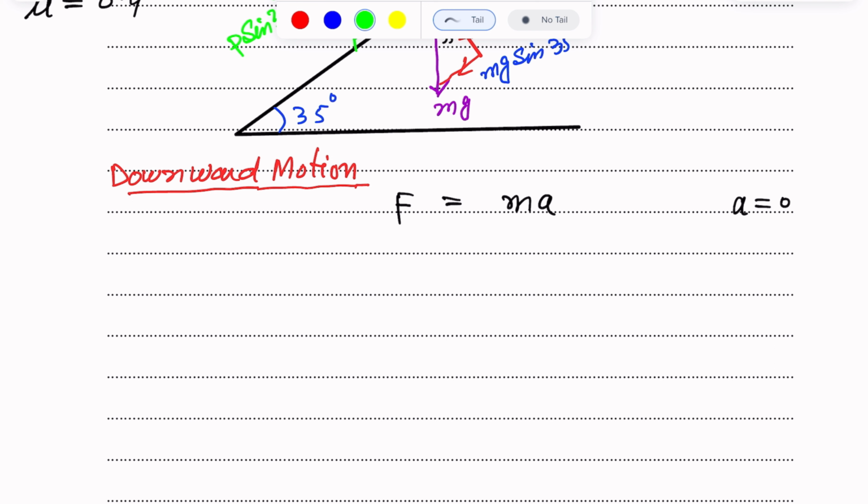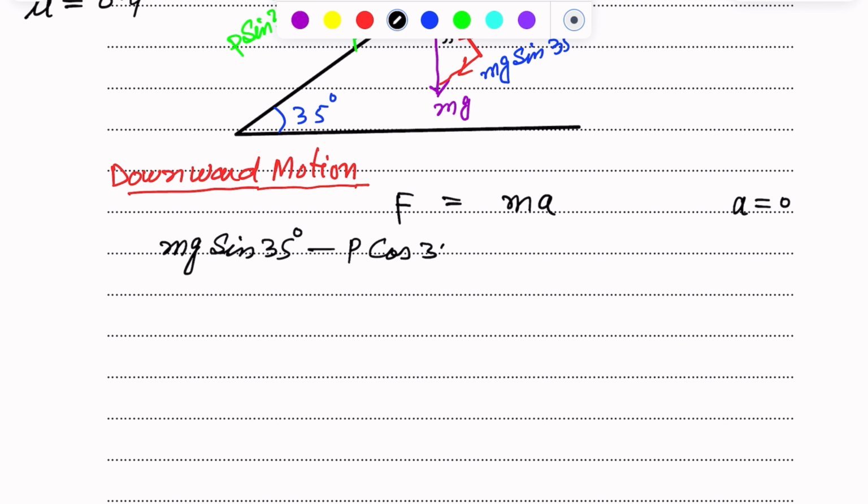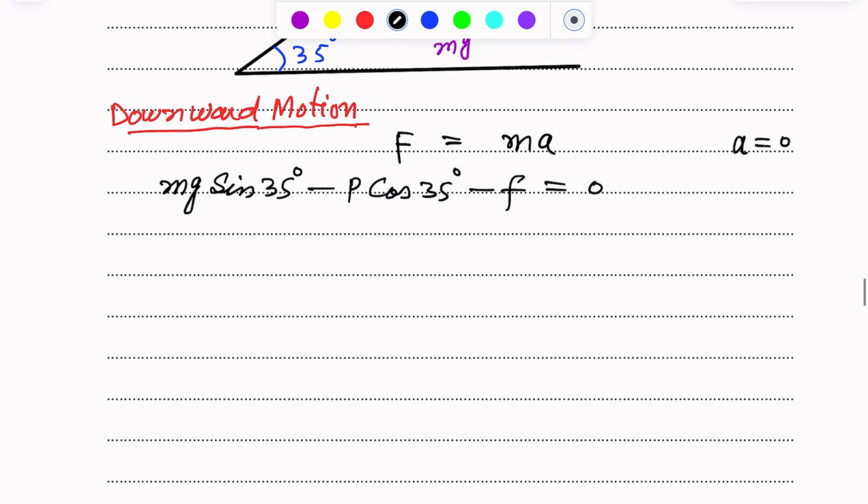So the equation of motion using Newton's second law, net force, will be mg sin 35 degree minus P cos 35 degree minus F is equal to 0.